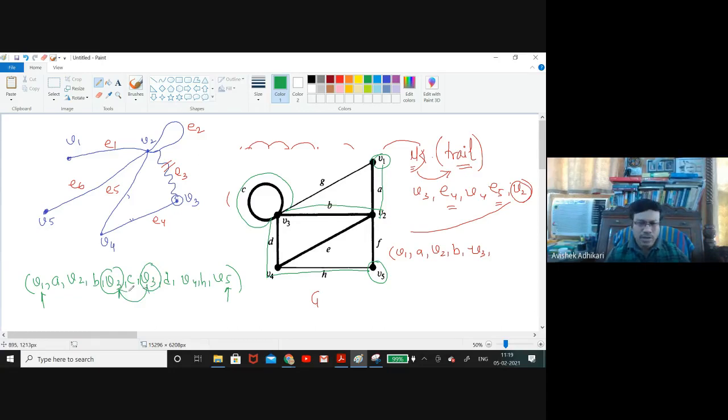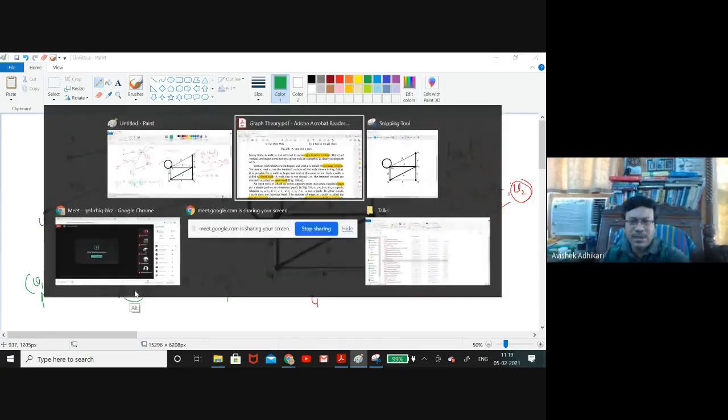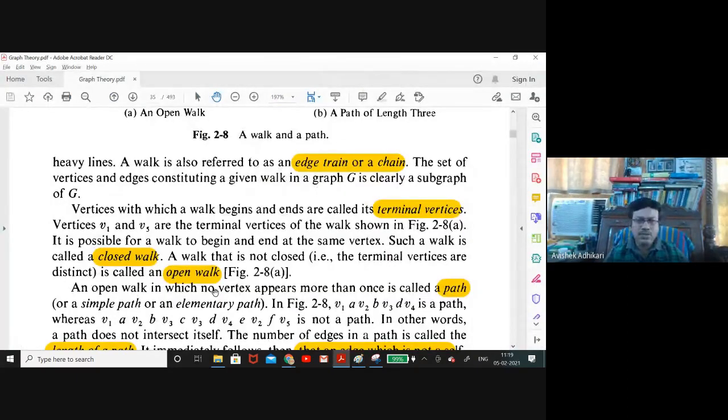So if you put an extra condition, not only on the edges, that the vertices should not repeat more than once, then there is a special name. An open walk in which no vertex appears more than once is called a path. Till now we talked about walk, open walk, closed walk.